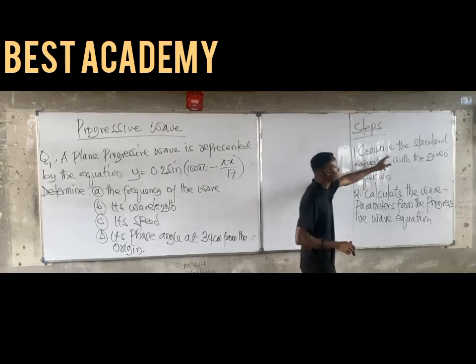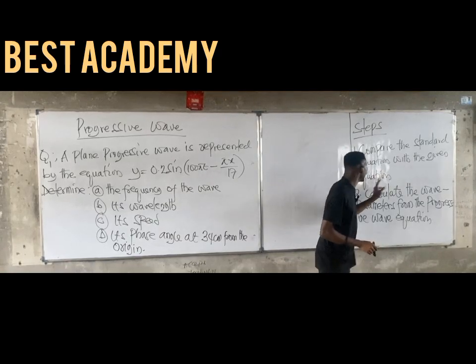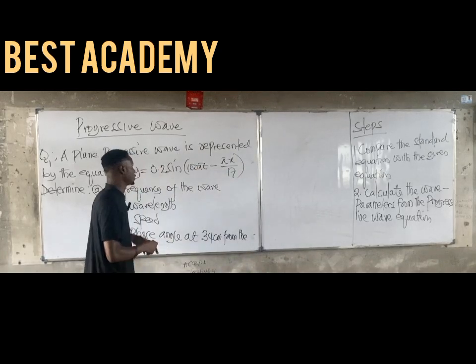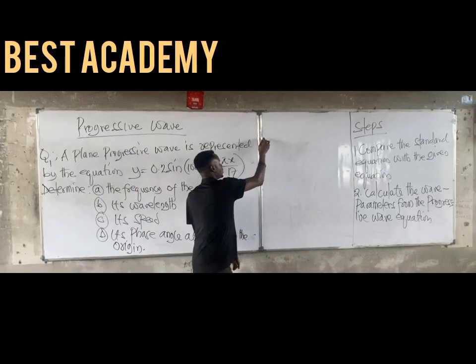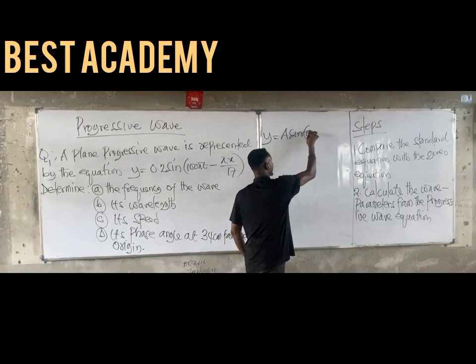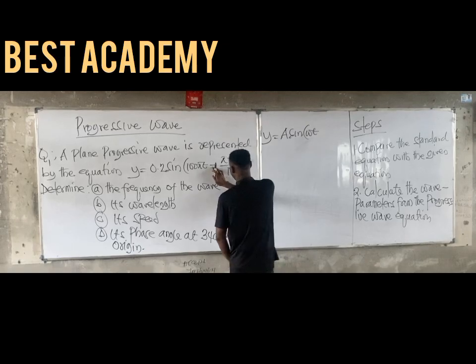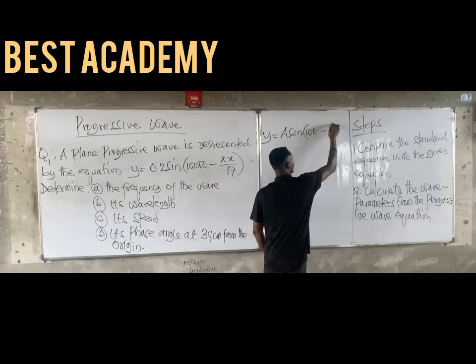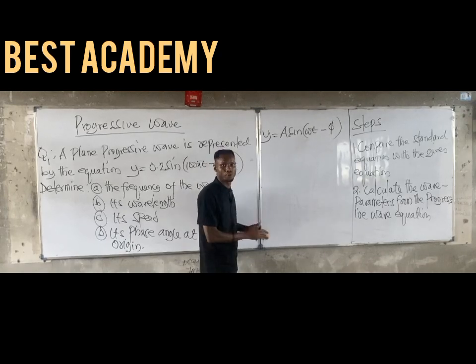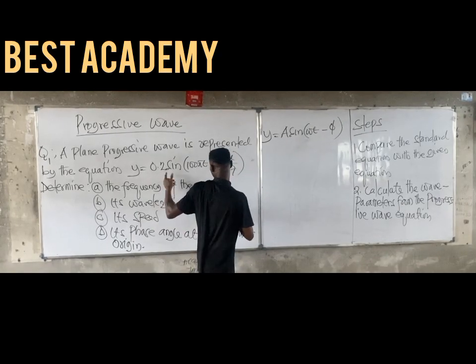Number one, compare the standard equation with the given equation. So what is the standard equation in terms of progressive wave when it comes to sine? It's said to be y is equal to a sine into omega t. Please take note. Since here is minus, I'll use minus phi. Okay. Now this is the standard equation for progressive wave when it is said to be under sine.